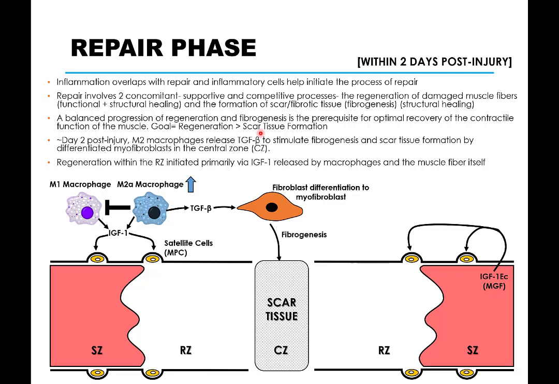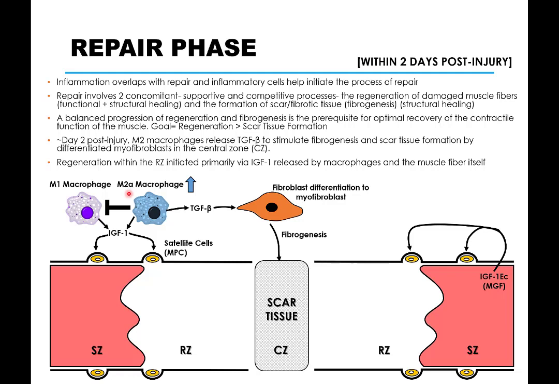In the last phase, macrophages were polarized to the M1 variety, which are programmed to mediate processes like phagocytosis and degradation. As time proceeds, particularly around 2 days post injury, macrophages undergo M2A polarization, which programs the macrophages to initiate repair processes, regeneration, and scar tissue formation specifically.